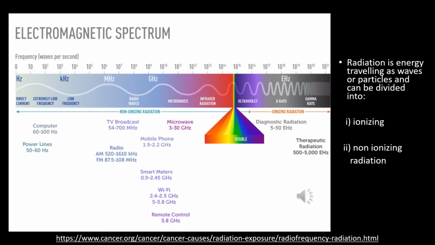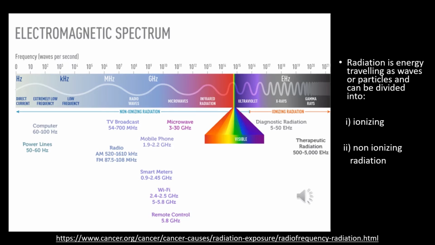Radiation is the energy traveling as waves or particles and can be divided into ionizing radiation and non-ionizing radiation. Today we will concentrate more on ionizing radiation. Let us look at this image closely.